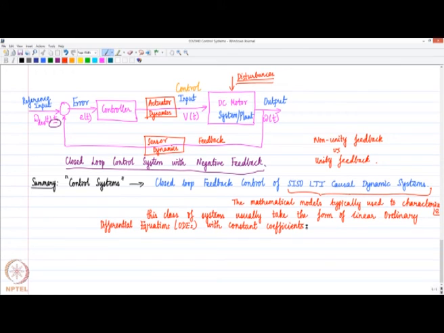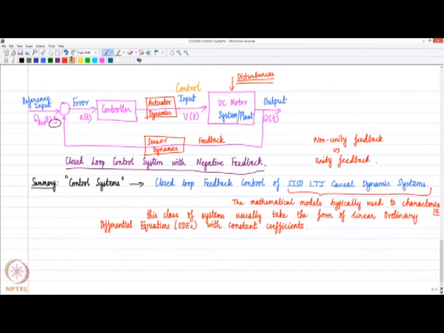So typically the mathematical models used to characterize this class of systems that we are going to study in this particular course take the form of linear ordinary differential equations with constant coefficients. That is the class of equations that we would be focusing on.